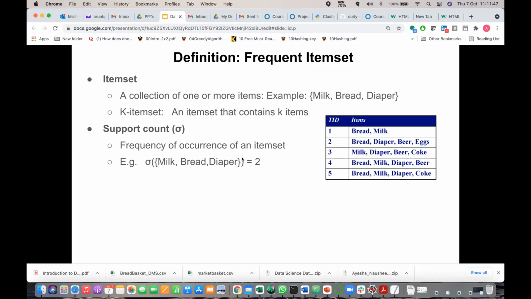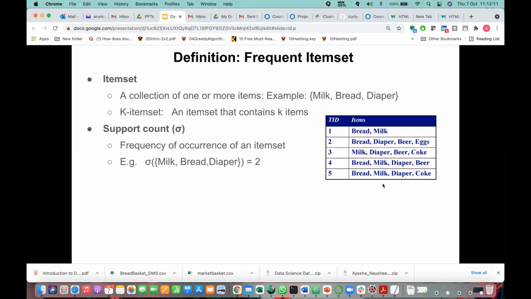What is the frequency of bread in this transaction data set? 4. First one, second one, yes, 4. So bread is more frequent, if you take single item sets. Am I right?